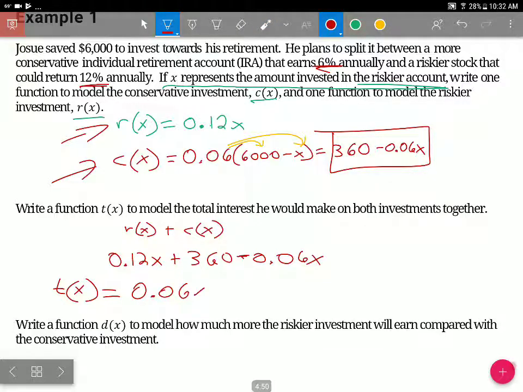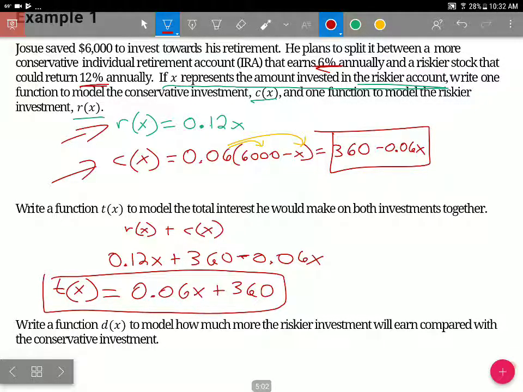It is a coincidence that they are the same thing. It just happened to be that way. You're right. And then we've got the plus 360. So that would be the total amount of interest he's expecting to make. Cool?